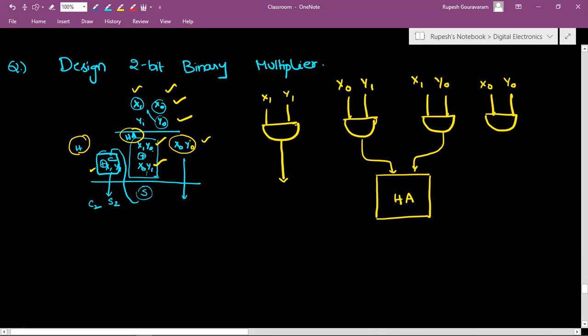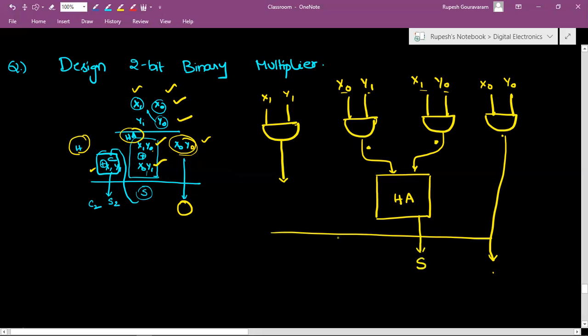So x0 into y0 is directly brought here. Then x1 y0 plus x0 y1 are the inputs here. We will supply it to a half adder, and the sum of the half adder is placed here. Because a half adder also has a carry circuit, that carry is added to x1 into y1.